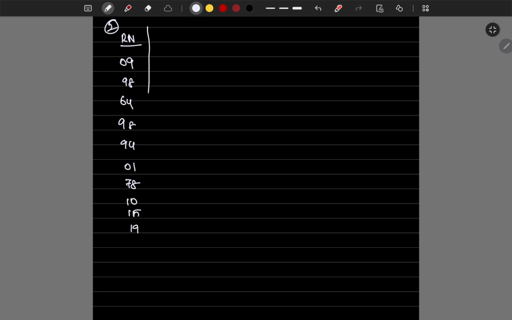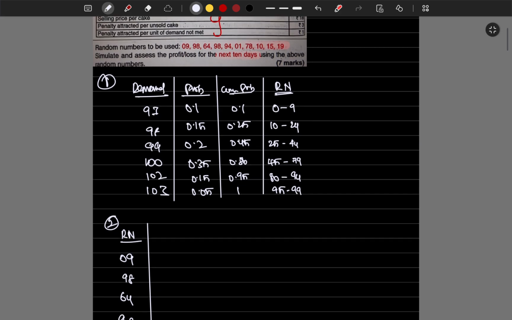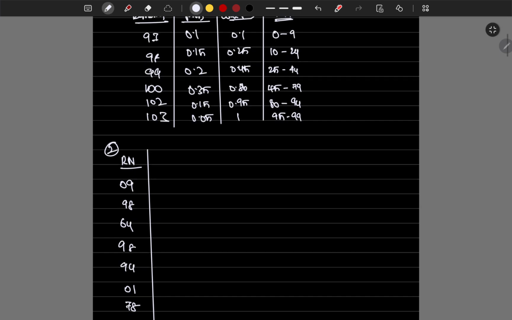Now we have framed the random numbers here. For these random numbers, we are going to find out the demand.